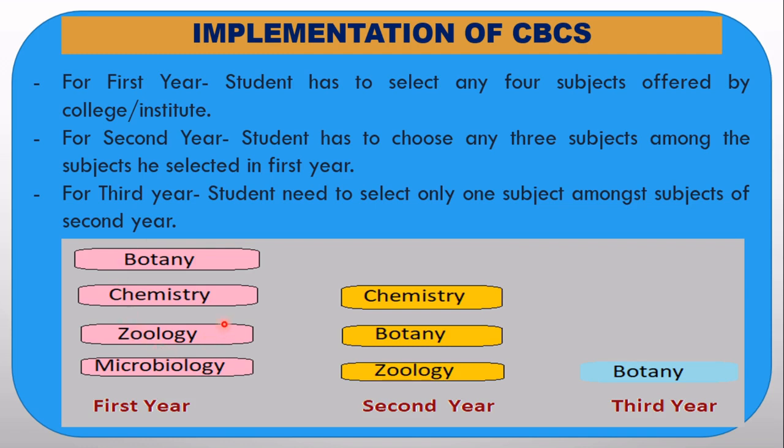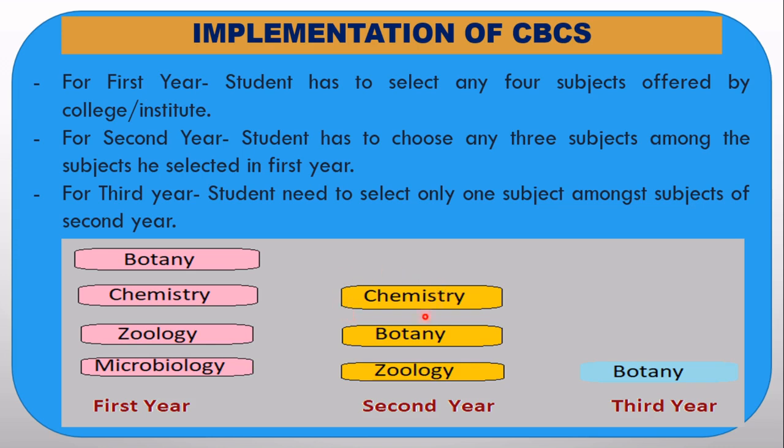After successful completion of first year, he will get admission in second year, but in second year he has to drop 1 subject of these 4 subjects. Suppose that student has dropped microbiology and he has taken chemistry, botany and zoology.